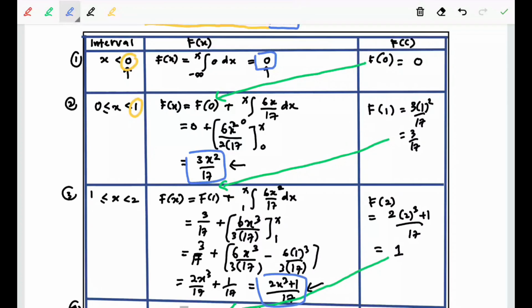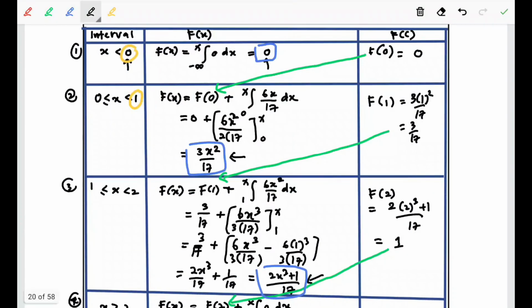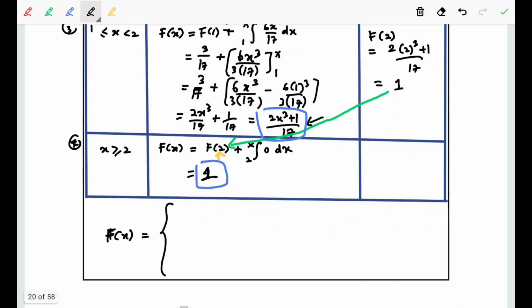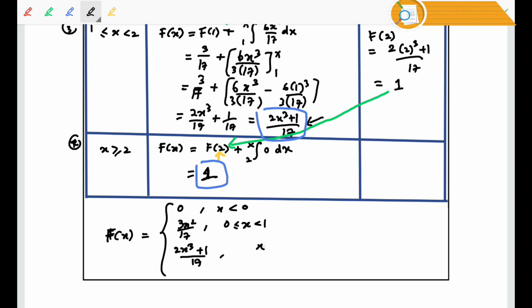The final answer should be 0 for x less than 0, 3x squared over 17 for x varying from 0 until 1, 2x cubed plus 1 over 17 for x varying from 1 until 2, and lastly 1 for x greater or equal than 2.